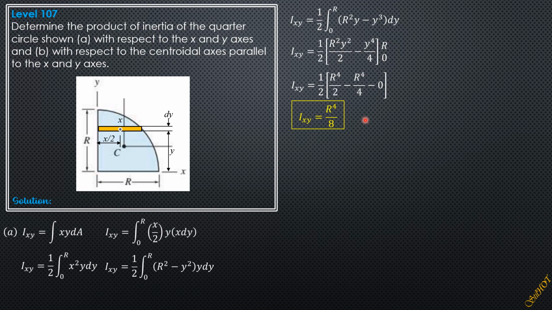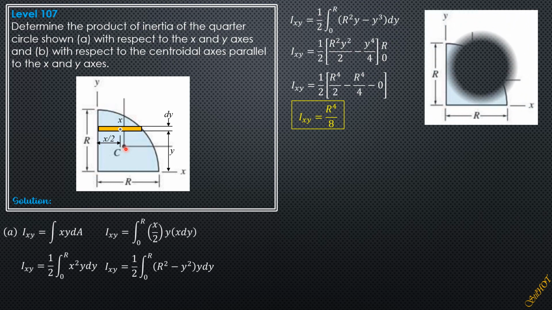Now applying the transfer formula for product of inertia, the location of the centroid for quarter circular area is, if you can remember, 4r over 3 pi from the y-axis, and from the x-axis 4r over 3 pi also. So both barred x and barred y would be equal to 4r over 3 pi.